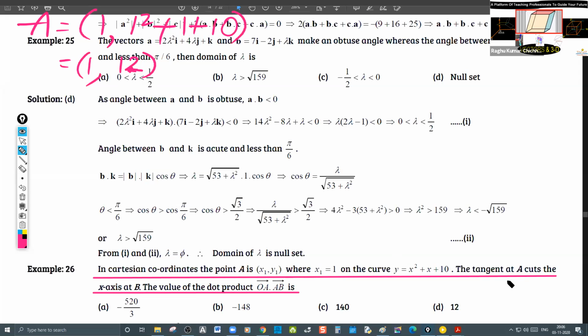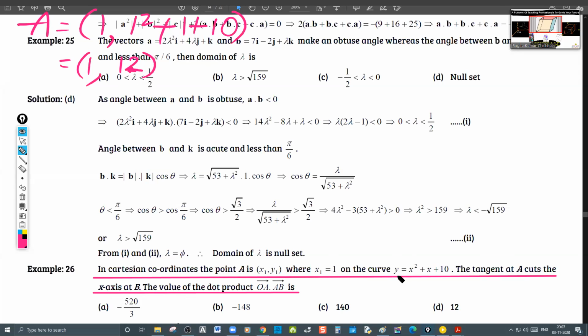The tangent at A means the tangent is drawn at A. It cuts the x-axis at B. Tangent at A cuts the x-axis at B, then the value of the dot product OA bar dot AB bar. Cuts the x-axis means on the x-axis y is 0. Understand that? Yes, sir.